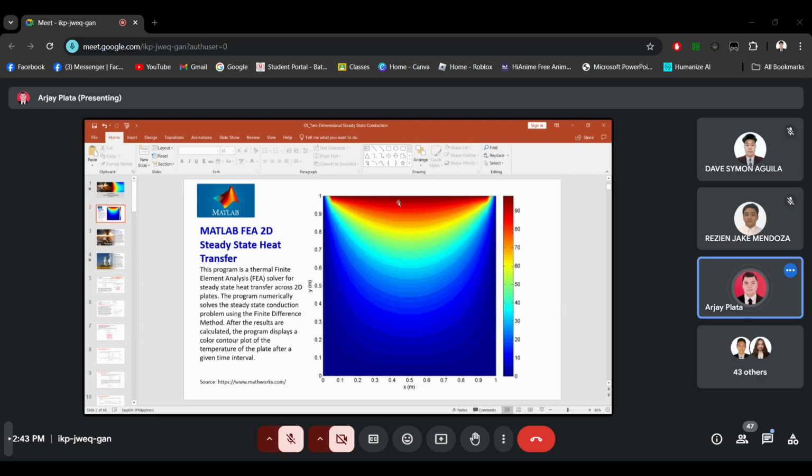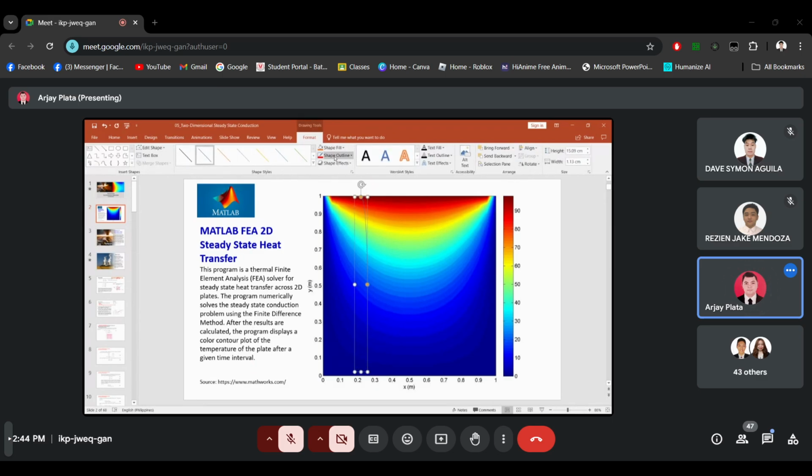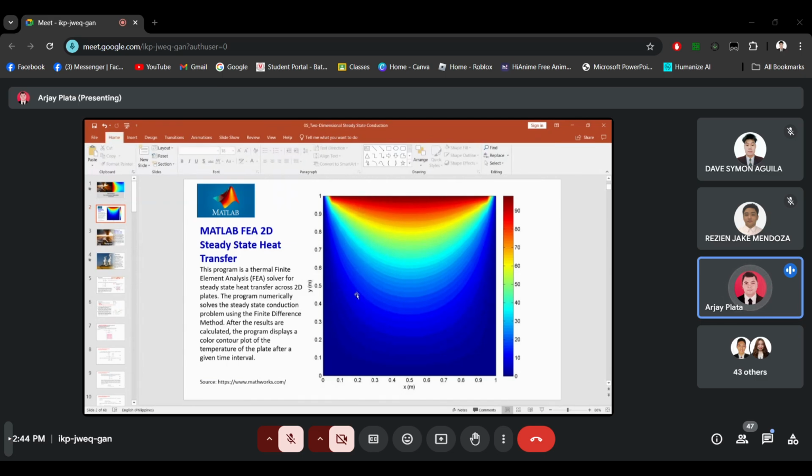Well, the vertical line, for example, I will draw a line vertically. Anyway, imagine there's a vertical line here, so that is what we call the isotherms.